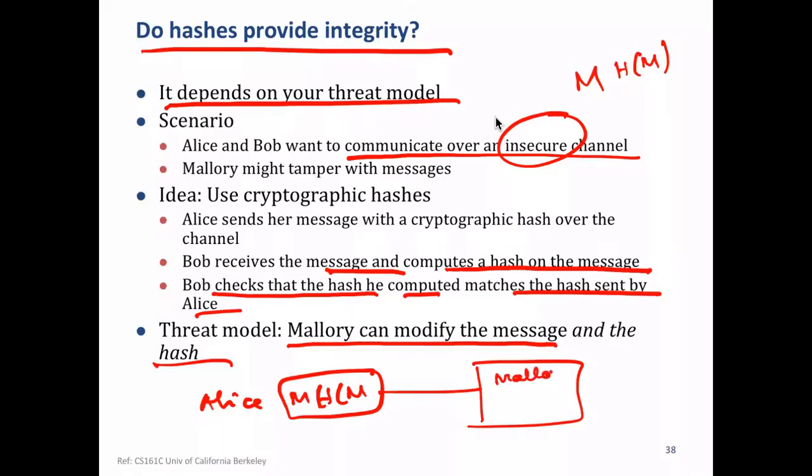She has blocked the message and changed it to M dash and H of M dash. Then Bob receives it. How will he know? He will just calculate the hash of M dash and match it with this H of M dash, and will never come to know there is a malicious or changed message.